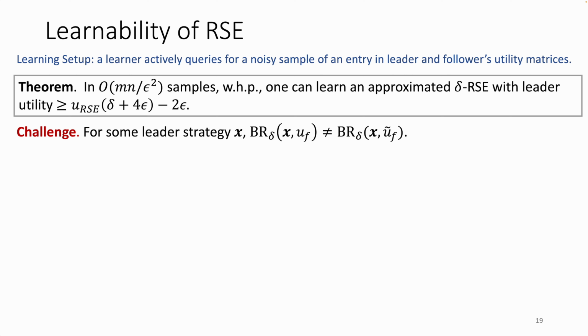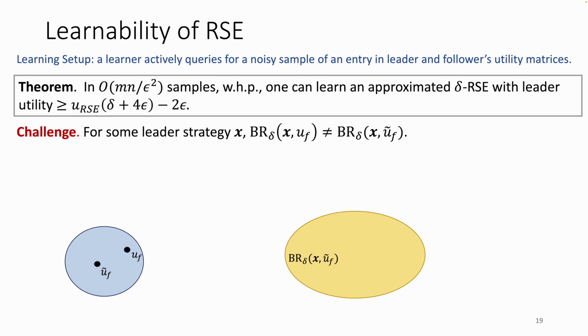The challenge in this theorem's proof is that whenever there is uncertainty about the follower utility, the best response set under the true follower utility is different from the delta best response set of the perturbed utility matrix. So how do we bridge this gap?